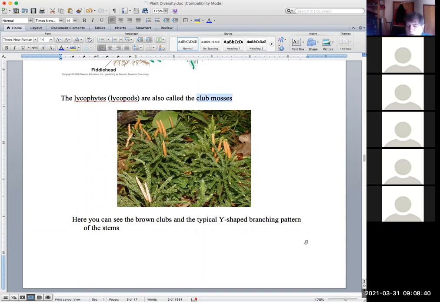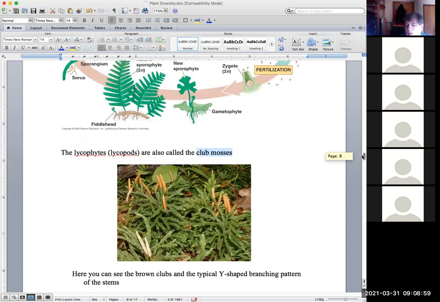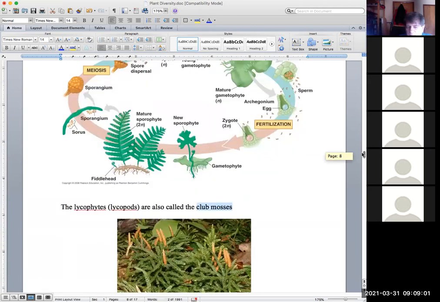So what we see down here is most of what we sometimes call the vegetative part of the plant. The green is the part that's actively carrying out photosynthesis. These light tan structures are the reproductive structures or the clubs.